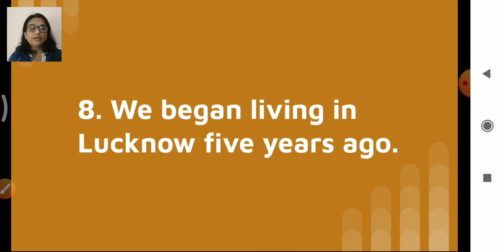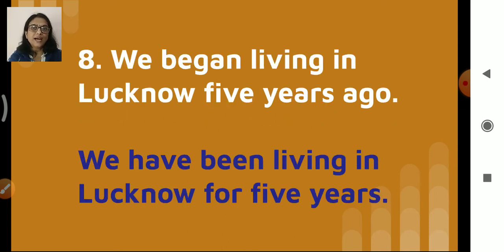Now the eighth one: we began living in Lucknow 5 years ago. Do you know the specific time? No. So what will come? For. We have been living in Lucknow for 5 years.